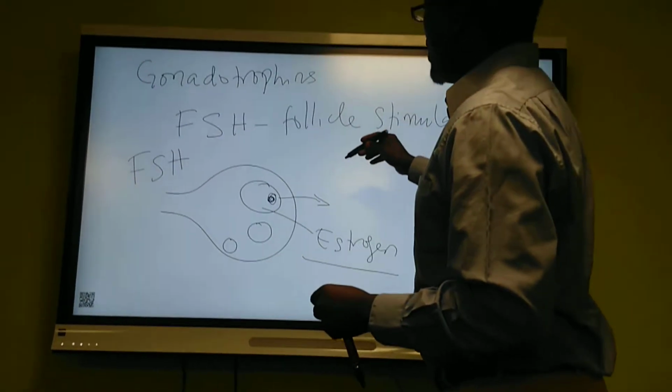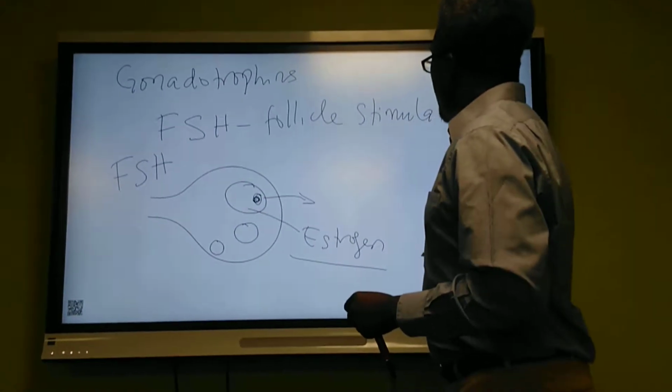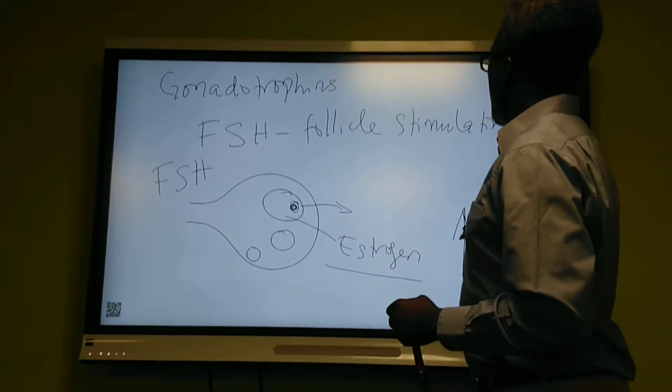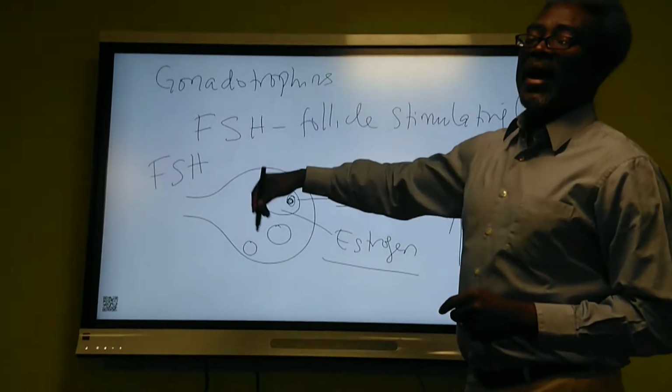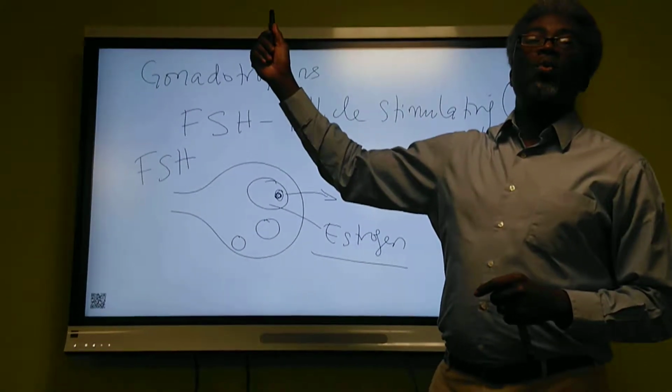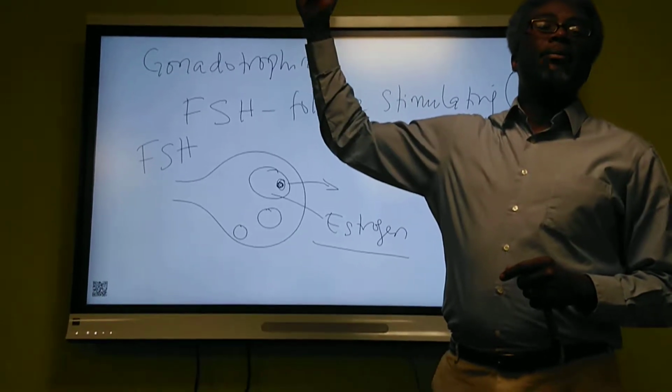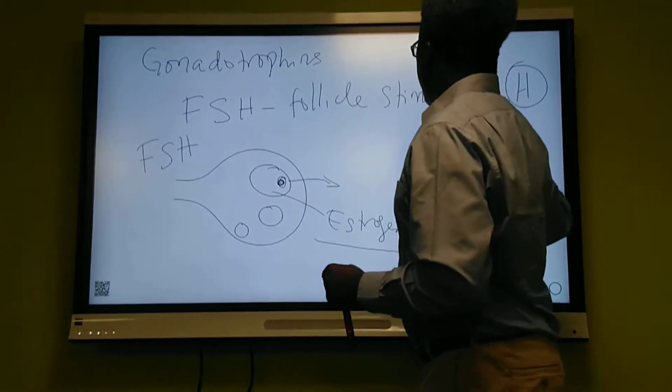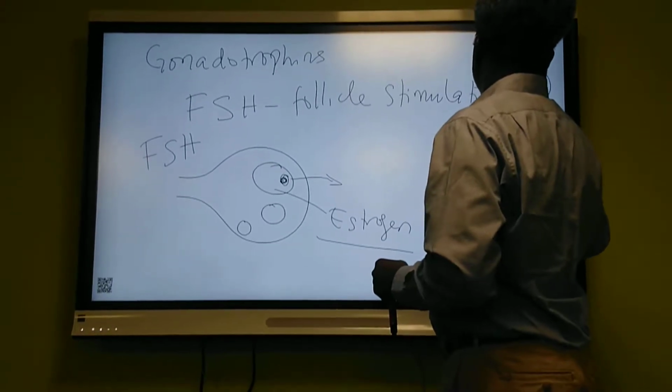Now, as she is about to ovulate, estrogen levels are increasing in the bloodstream. These estrogen levels will go back to the brain and say, hey, we've reached a particular amount in the bloodstream. And let's say that level is 10.